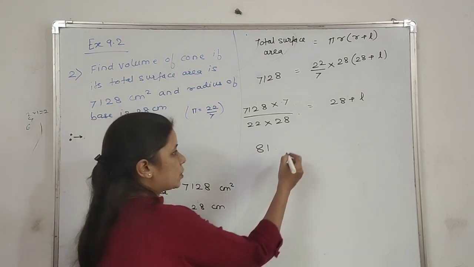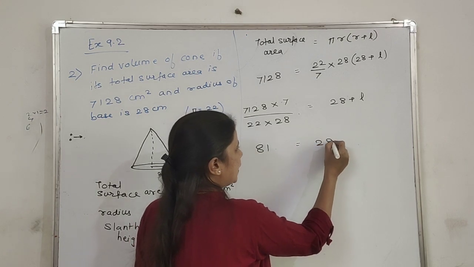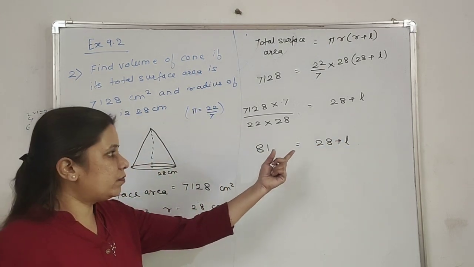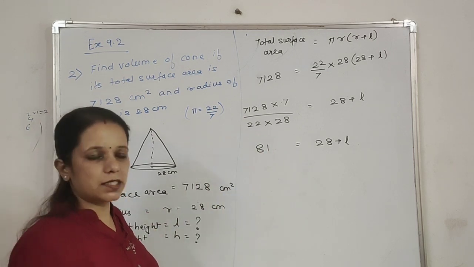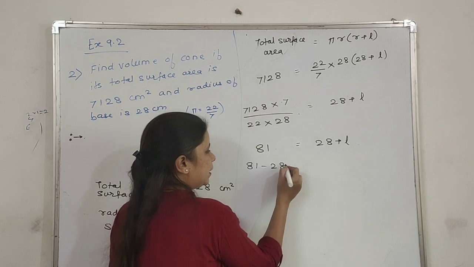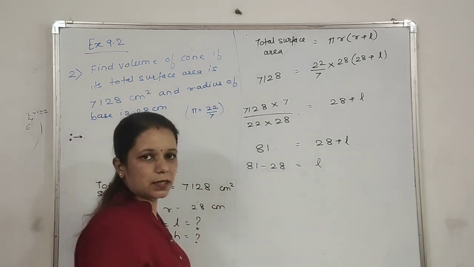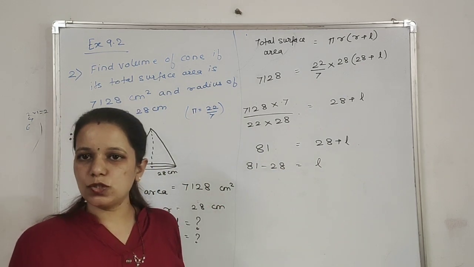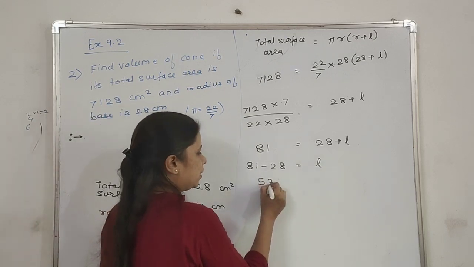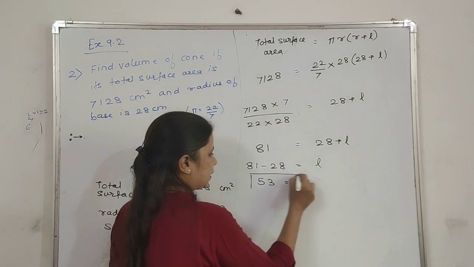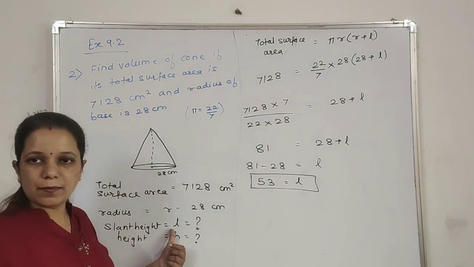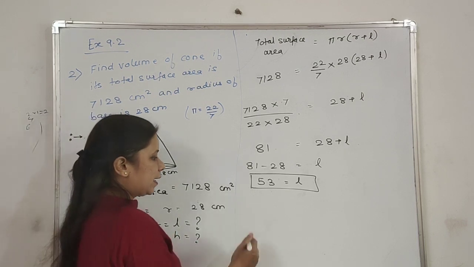So 81 is equal to 28 plus L. Now this 28 will have to shift to the other side. It is plus 28, and when it comes on the other side, it will be minus 28. So 81 minus 28, you will get 53, which is your slant height. So first dimension we have got, slant height.